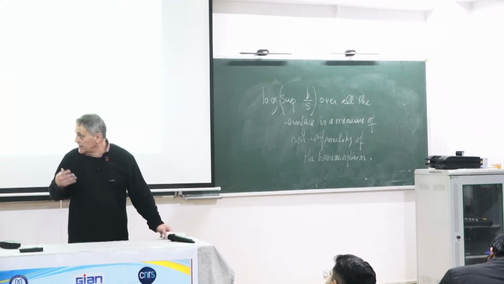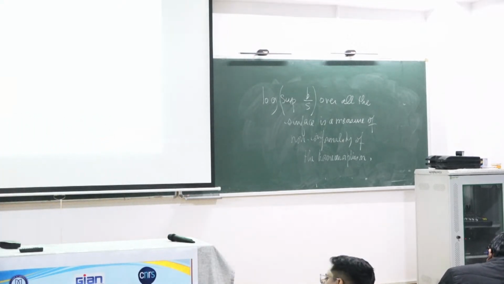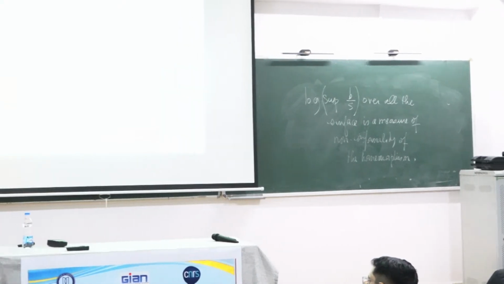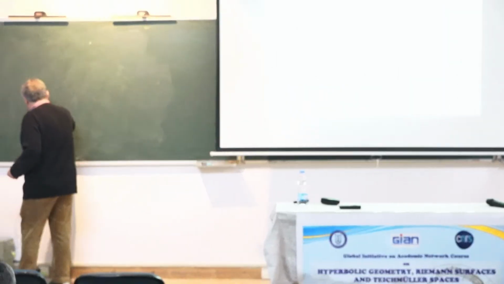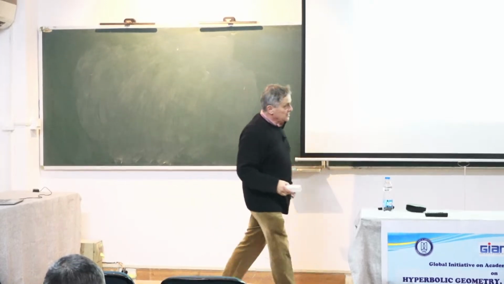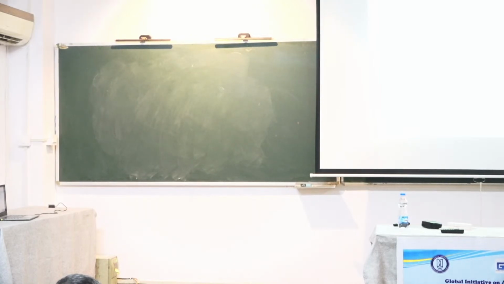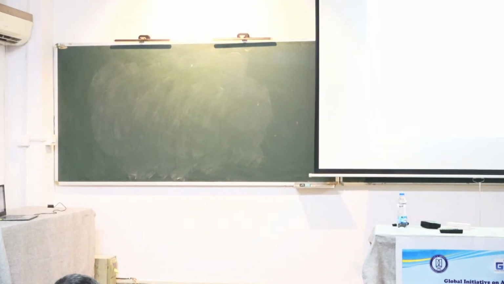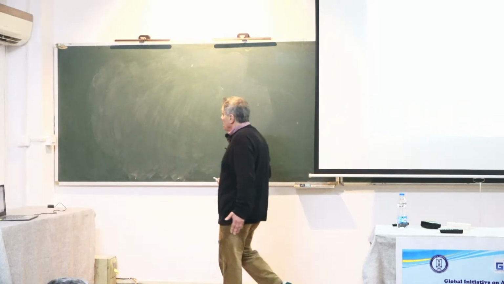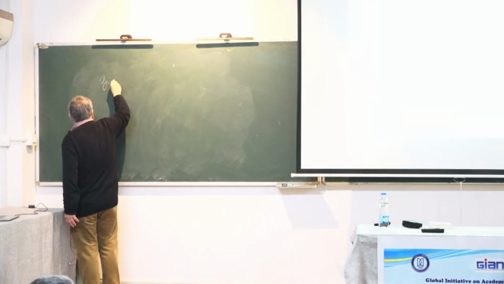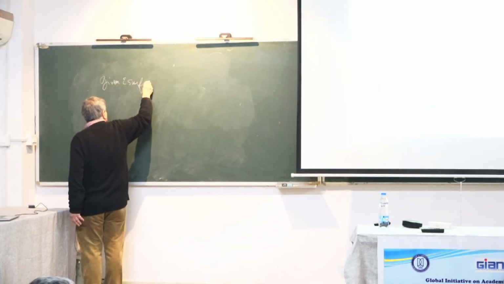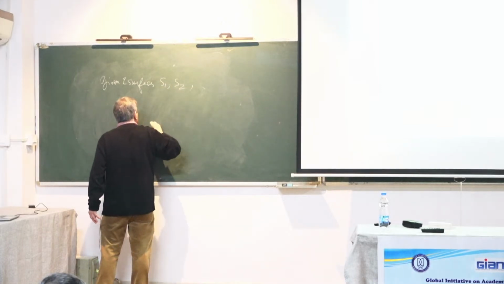And now, I would say this in other words. Let's call this K of F, where F is the map, and I'm measuring the degree of non-conformality of F. Now I have two surfaces, S1 and S2.